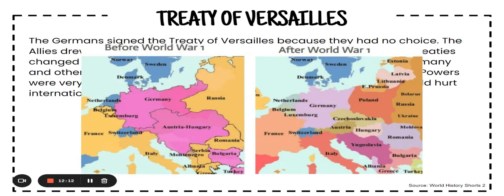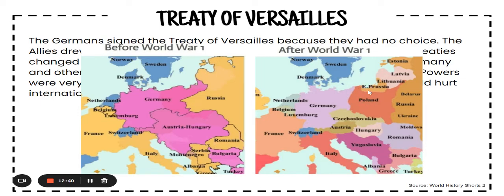But let's look at this map of Europe from before and after World War I. So looking at our Central Powers, Germany, Austria-Hungary, Italy. So this is all of Germany before World War I. And then when we look at after World War I, they cut pieces of Germany out and they created Poland.